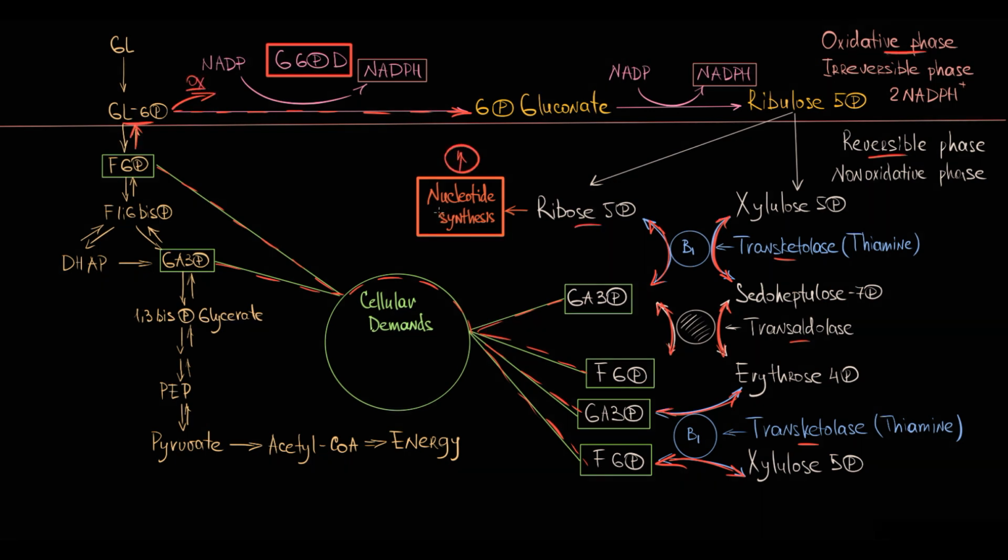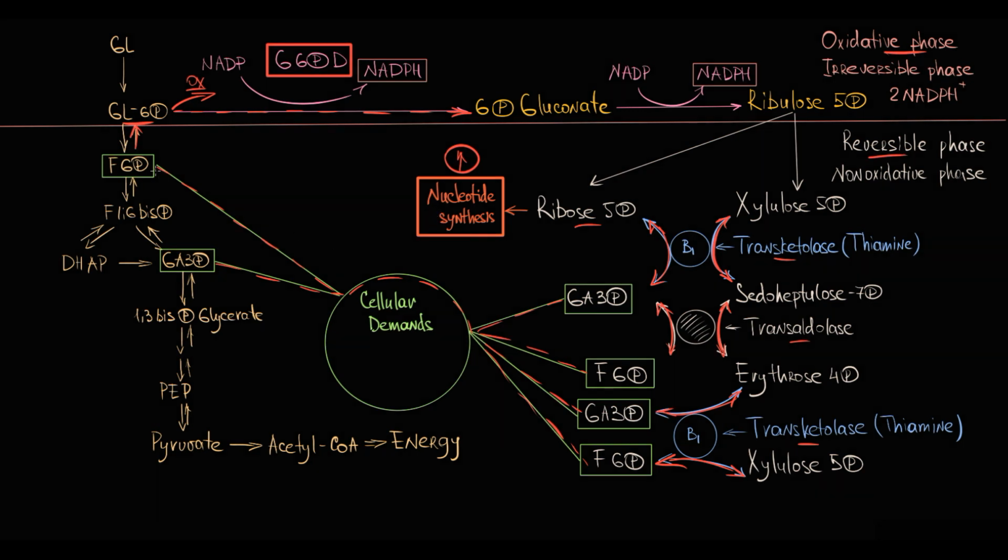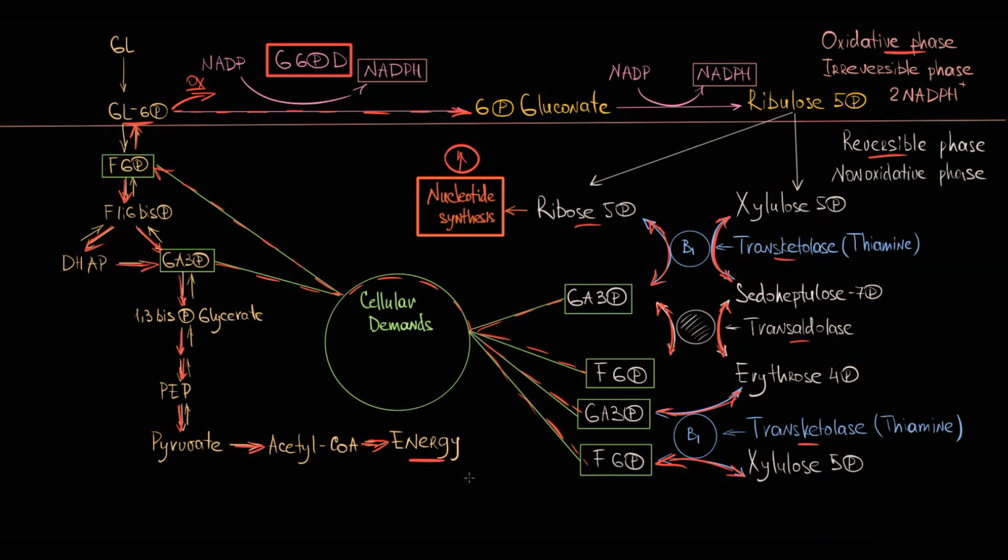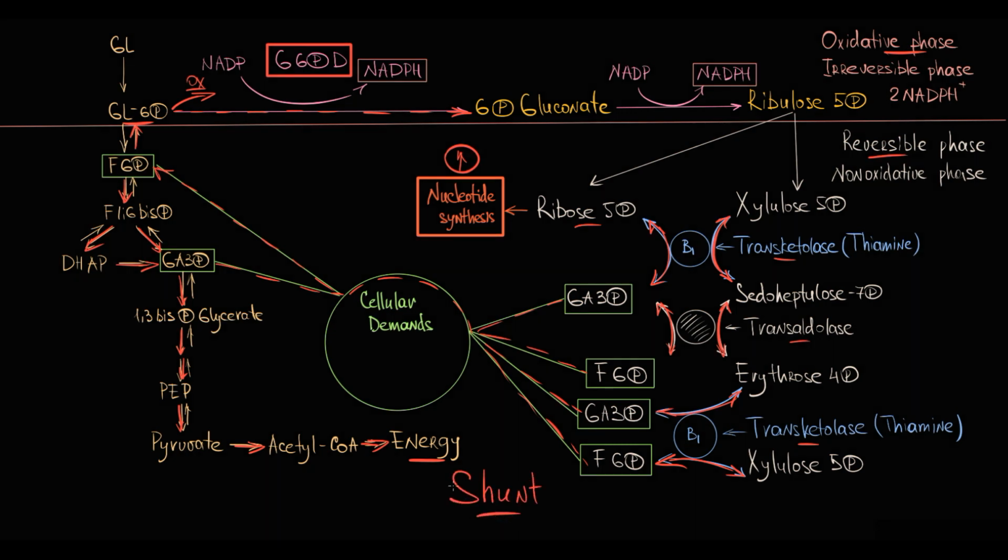And during energy deficiency, metabolites from the hexose monophosphate shunt can also be shunted into glycolysis to provide additional energy for the tissue. Because all these glucose metabolites in the cytosol can be shunted into glycolysis, the oxidative pathway or nucleotide synthesis, this process is called a shunt, and the hexose monophosphate part just emphasizes the substrate from which all these metabolites are produced.